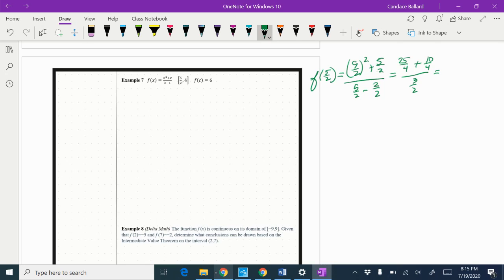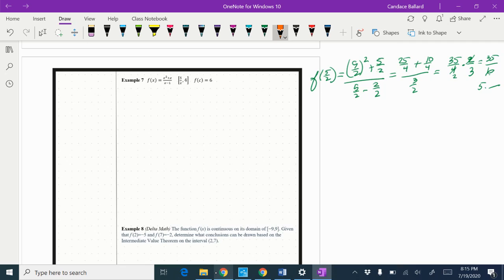This equals 35 fourths. And then instead of leaving this down here, I'm going to flip and multiply in the same step. It looks like 2 can go into 4 twice, so I've got 35 sixths, which if I take 6 and go into 35, it goes in there like 5 point something times.